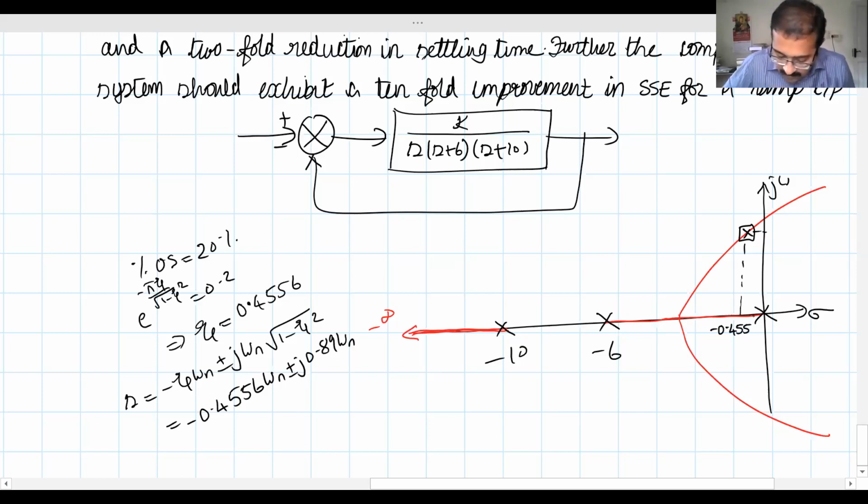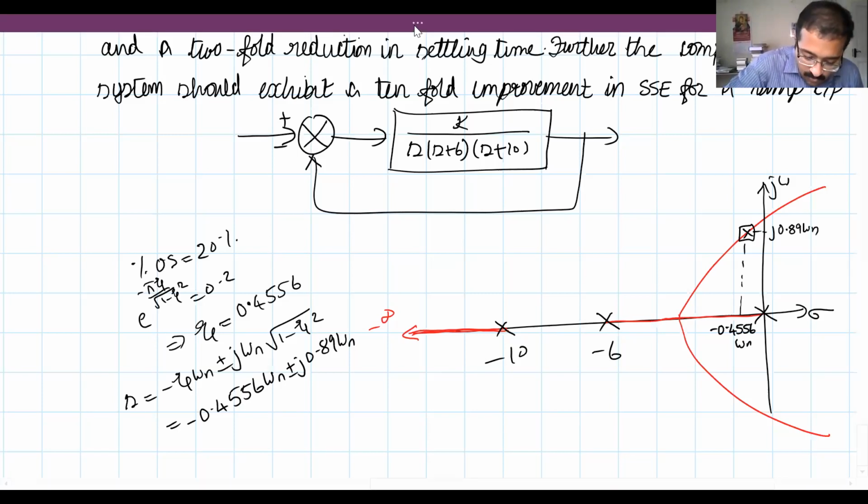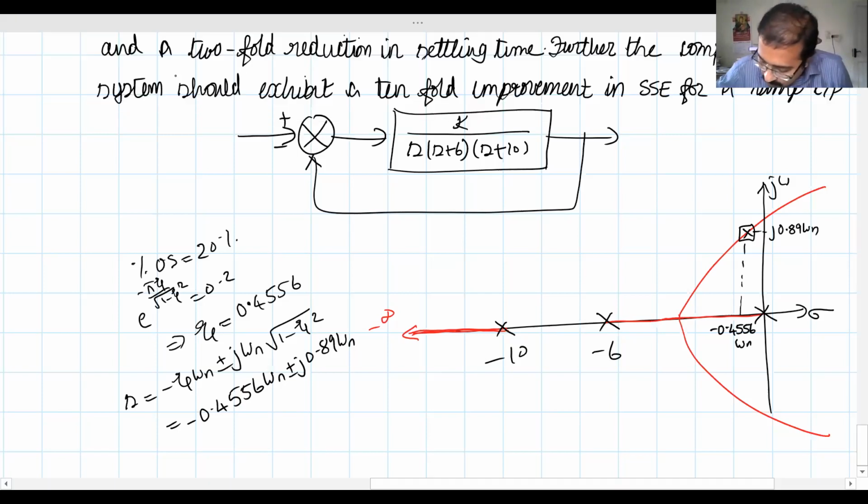Now how can you find omega n? Since this is a dominant closed loop pole, the net angle has to be plus or minus 180. So you join it with all other poles and zeros. This is theta 1, theta 2, theta 3.